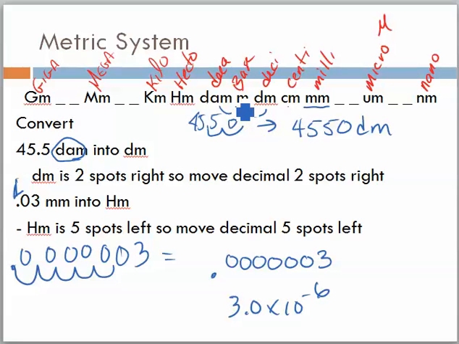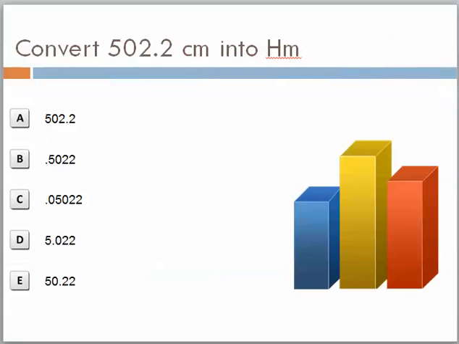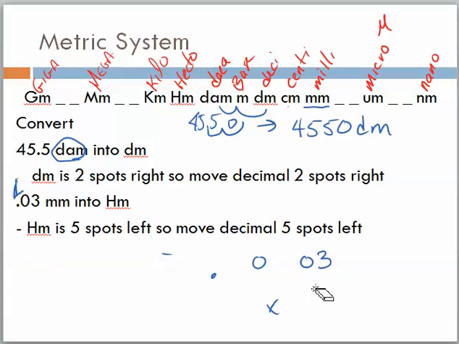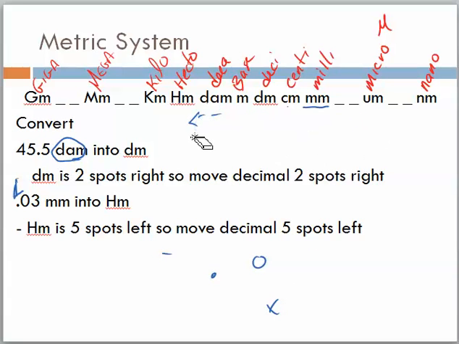So let's do another example here. Let's go to our next one. 502.2 centimeters into hectometers. Well, we're going from centimeters. Let's just get rid of everything else off here so it's a little bit easier to see. We're going to go from centimeters all the way over here into hectometers.